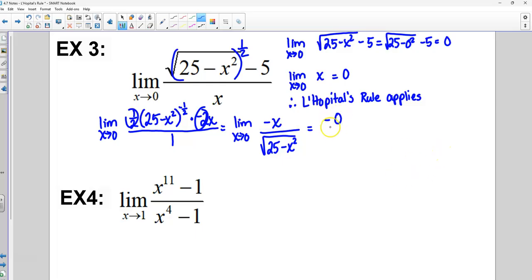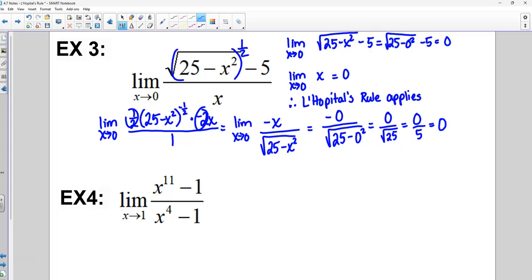I get negative 0 over the square root of 25 minus 0 squared, which is 0 over square root of 25, which is 0 over 5. What does that equal? 0. So 0 is your answer for that problem. That, I think, is at least probably as easy as doing it the other way for that.